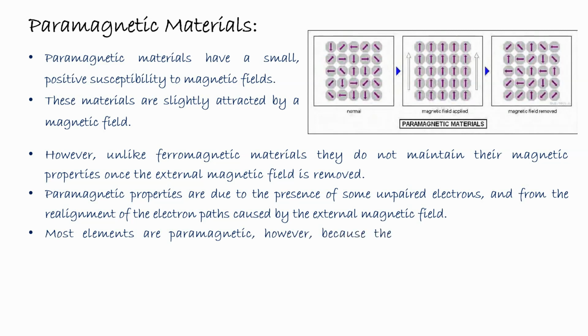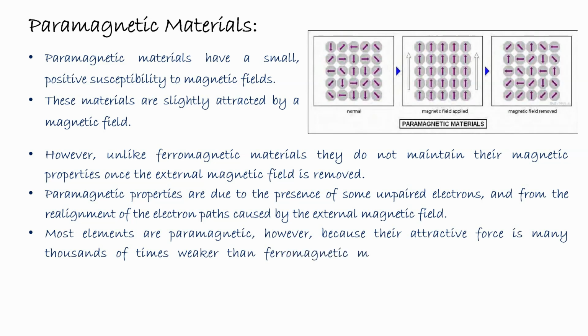Most elements are basically paramagnetic. However, their attractive force is many thousands of times weaker than the ferromagnetic materials. They are also generally considered non-magnetic. So almost all materials are paramagnetic, but their strength of magnetism is much weaker than the ferromagnetic materials.